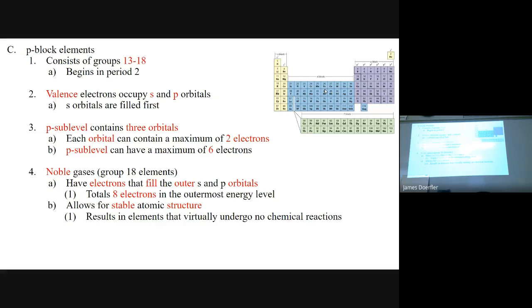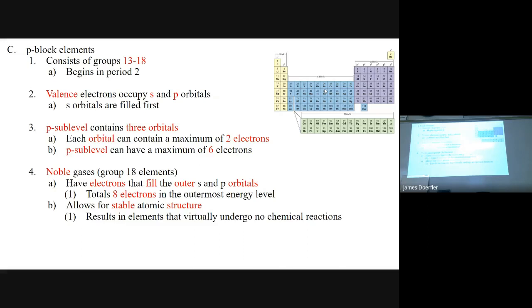And so what that means is for any element, there can only be a maximum of 8 total valence electrons. And noble gases are the only elements that are going to have that. So the noble gases, which are group 18 or group 8, again, excluding helium. Helium is considered a noble gas, but it cannot have 8 valence electrons.